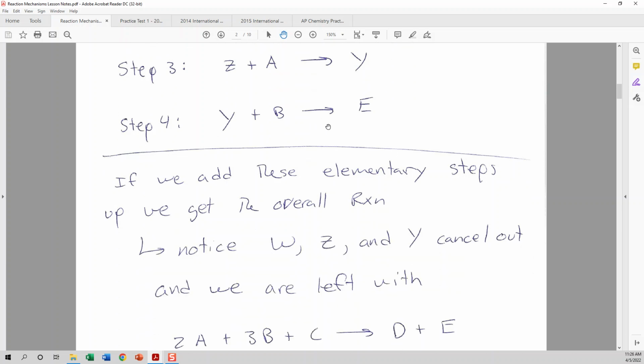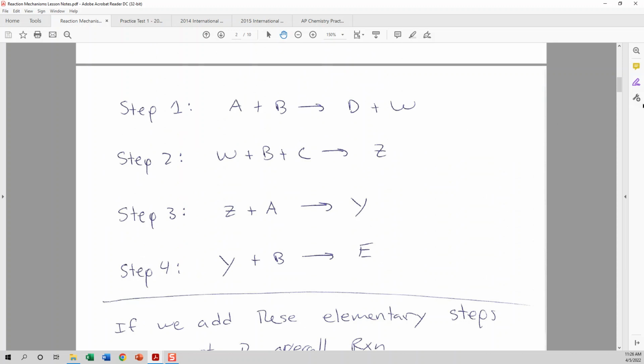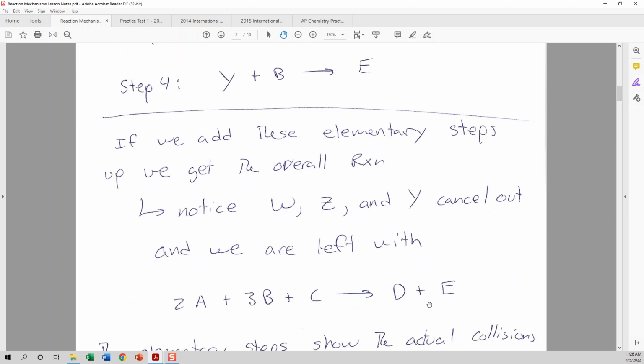And what we want to show now is just a definition of something. W, Z, and Y, they're in our reaction mechanism. And just given the overall reaction, it says nothing about W, Z, and Y. Okay? So just looking at the overall reaction, we didn't know they existed, right? We didn't know that W and Z and Y were a part of this reaction process. It's only through the mechanism that we get deeper into the reaction that's taking place, and we see these things that are formed.